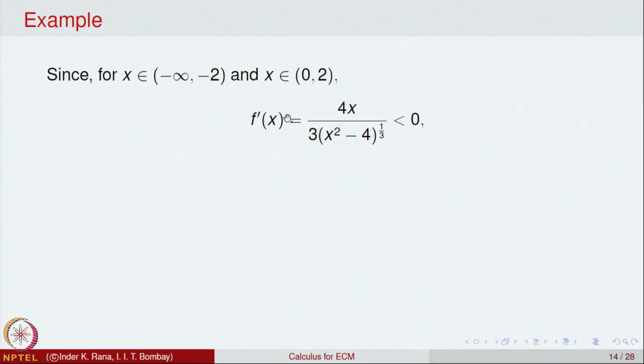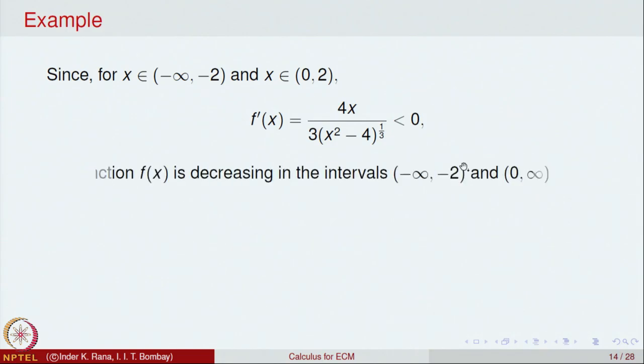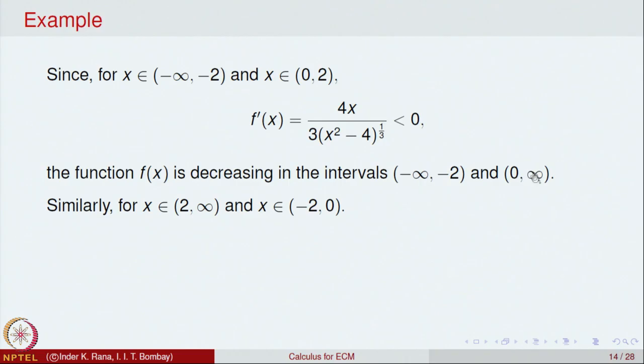So, that means in this interval the function is decreasing, and in this interval the function is decreasing. So, let us write that observation, that the function is decreasing in the interval minus infinity to minus 2 and 0 to 2.